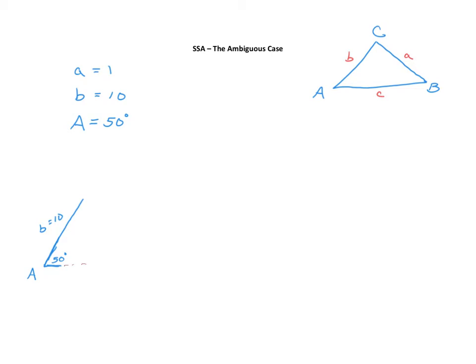So let me just extend a dotted line here. This is the length of side C, or this is where side C has to be. If A is only 1, it doesn't matter what angle you draw up here. You're never going to reach this side to construct a triangle. It's impossible. The best you can do is draw something like this. But that's no good. You'll never actually make it down here.